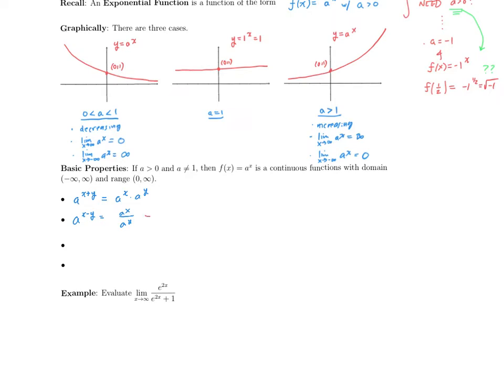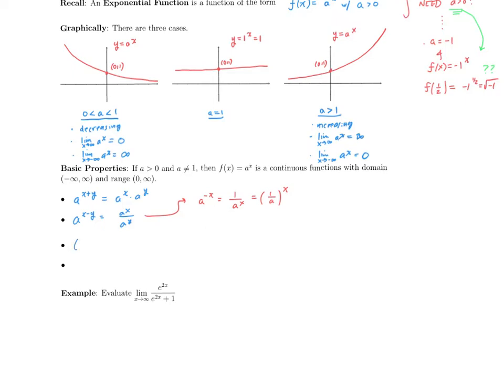And a case that we should be familiar with to go along with this, if you have a to the minus x, note that's 1 over a to the x. Remember, a negative exponent is equivalent to dividing by that quantity with a positive exponent, which, if it's convenient, you can certainly write as 1 over a to the x.